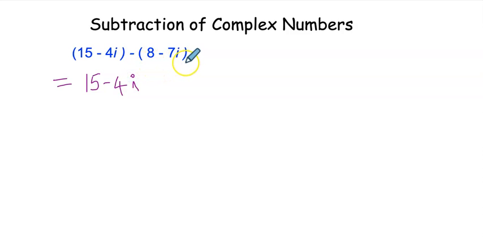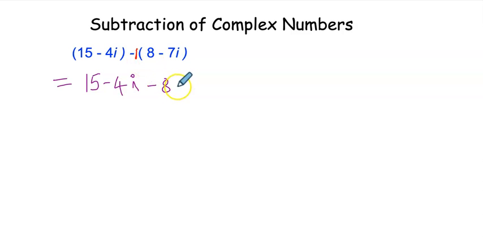The complex number which has to be subtracted, we have to change the sign of both the real and imaginary part. Also, you can think like this. Here there is a 1. So using distributive property, negative 1 times positive 8 is negative 8, so minus 8.